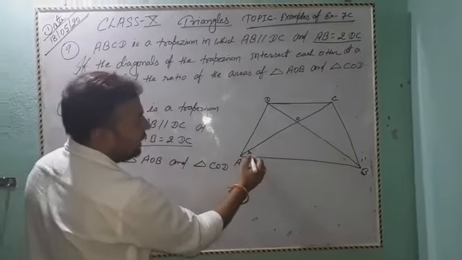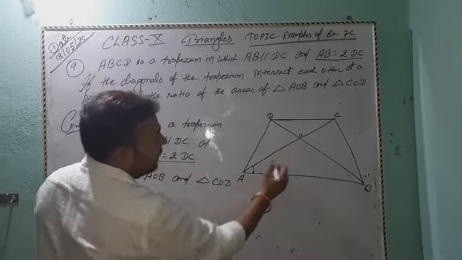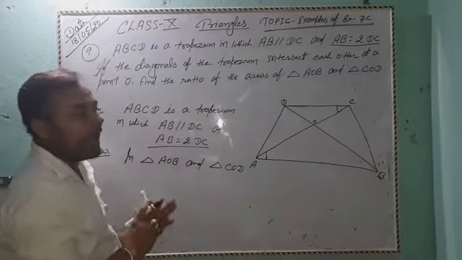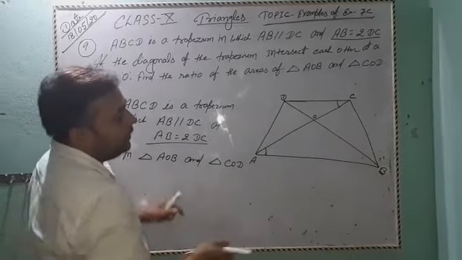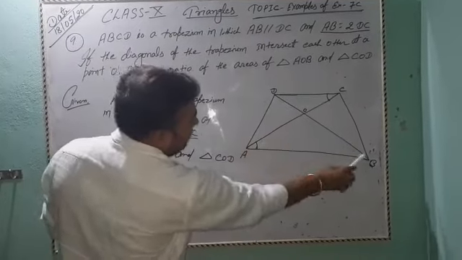Then we write the angle OAB is equal to angle OCD, alternate interior angle, and AB is parallel to DC and BD is the transversal.